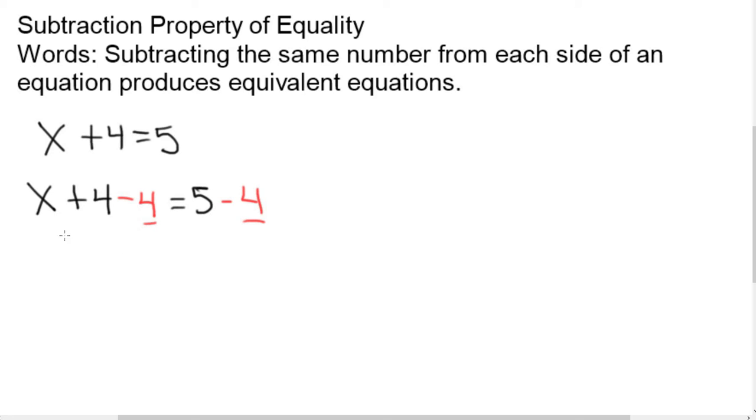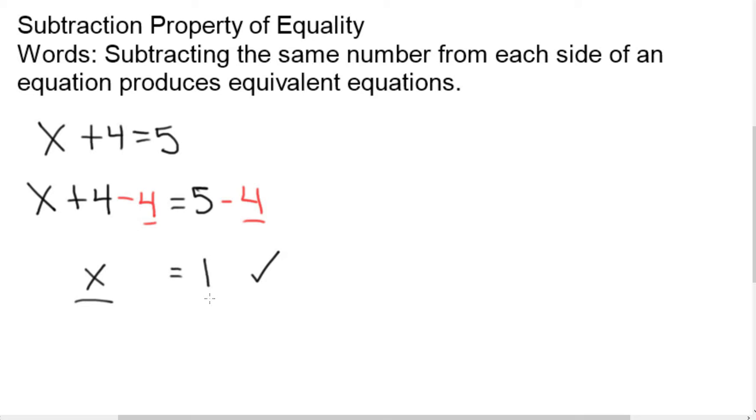And so if I subtract this 4 from the left side, positive 4 minus 4, that goes away. That just leaves me with x. So that equals 5 minus 4, which is just 1. So that's one way of solving an equation. We subtract the number from one side to get the variable by itself, and then that gives us our answer.